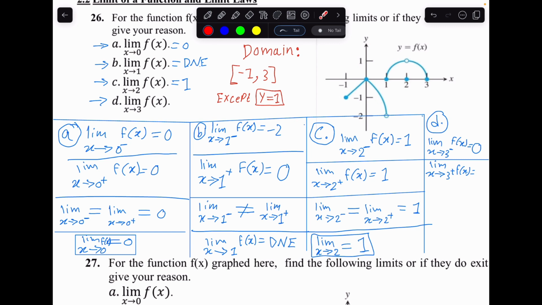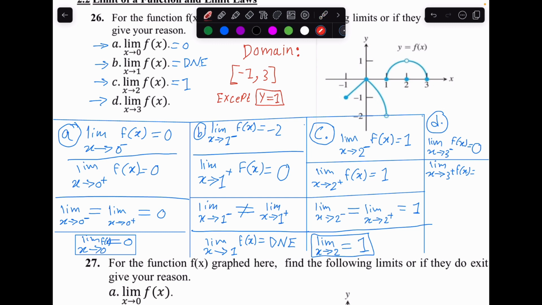When we want to find the limit of x when it's approaching 3 from the right, we want to come from the right. But unfortunately, the domain doesn't exist after x equals 3. So we cannot find the limit when x is approaching 3 from the right.